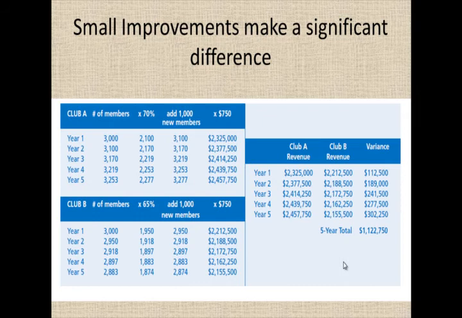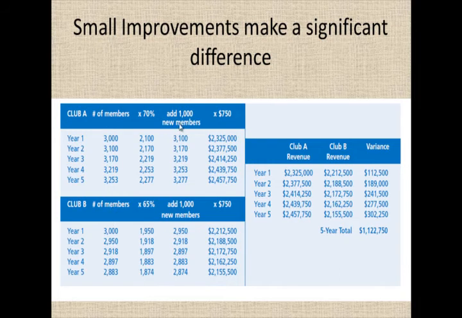So let's have a look at a little study here, and I really like this chart because it makes it very clear the power and the leverage available to you through improving member retention. This study compares 2 clubs, Club A and Club B. All the variables of the clubs' members are the same, 3,000 to start with.